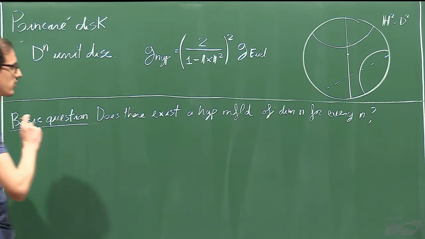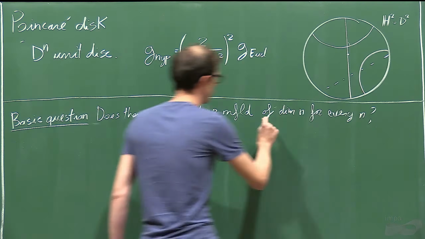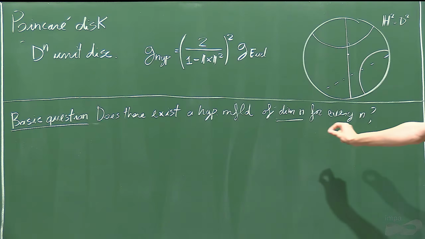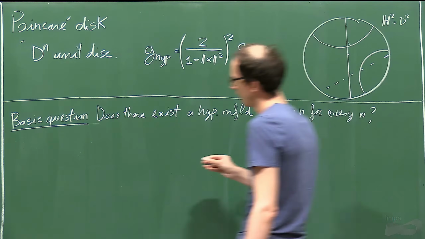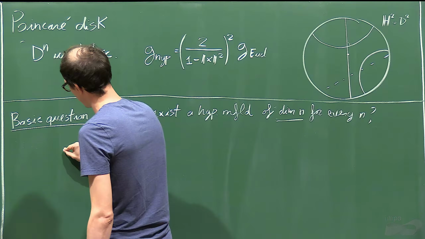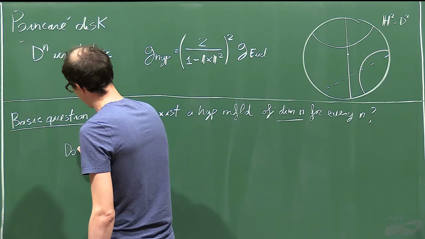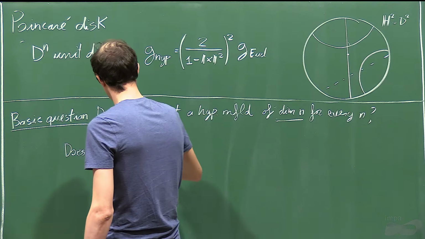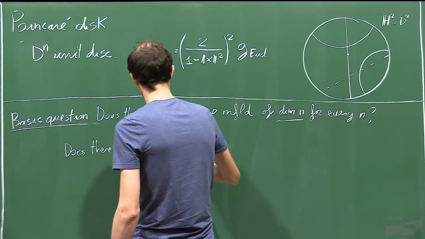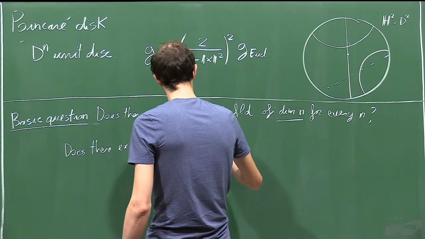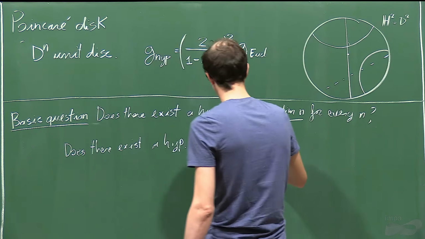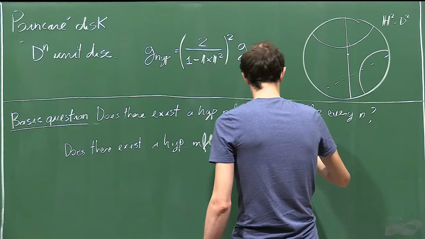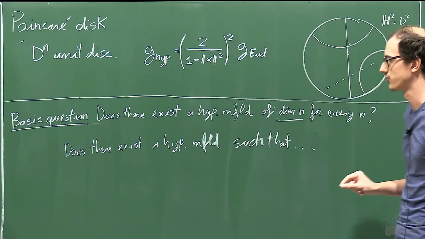Arithmetic methods are very powerful for this kind of question because they work in every dimension. Our methods will not work in every dimension that we can consider, but they can answer some other questions like, does there exist a hyperbolic manifold such that, and then we have some properties.